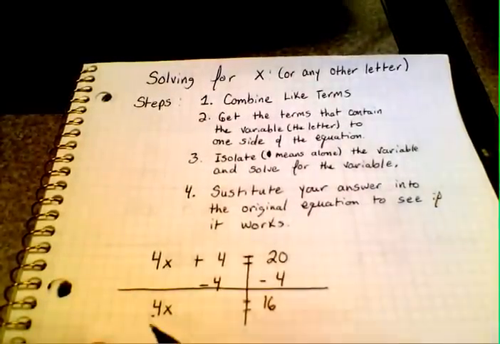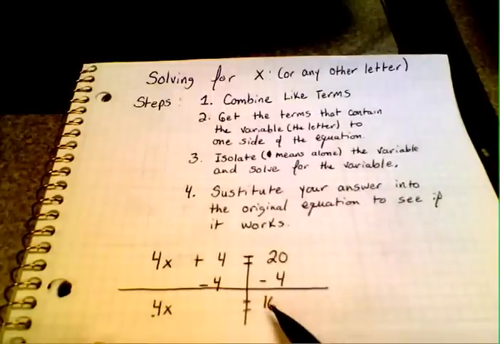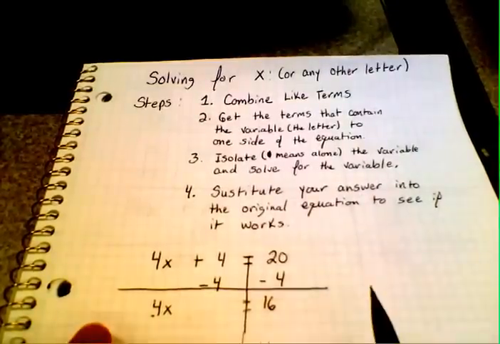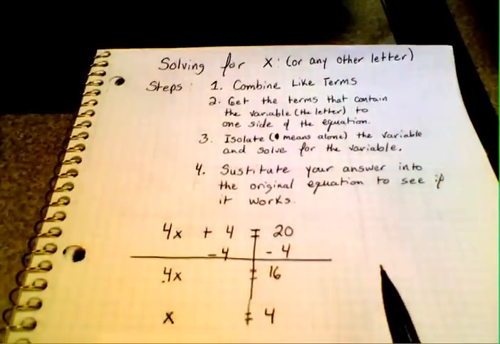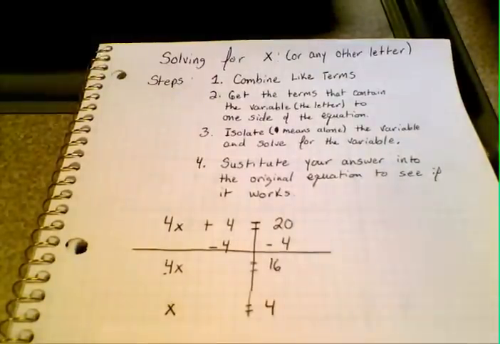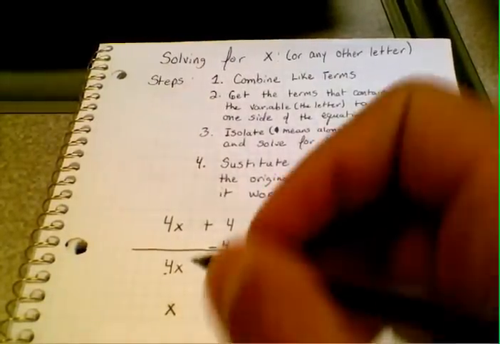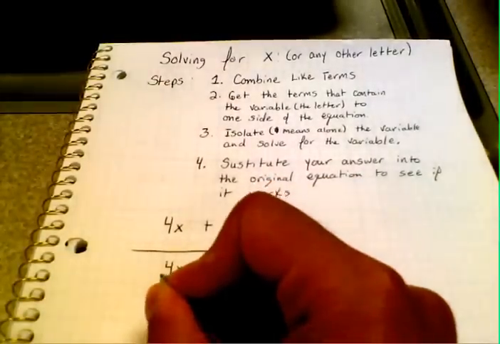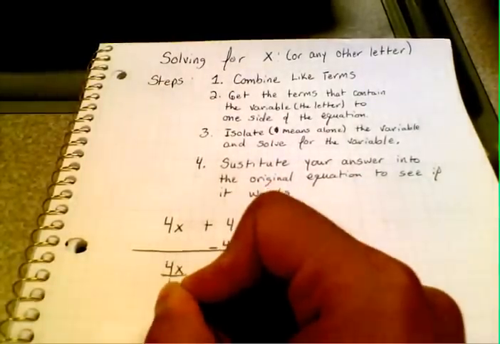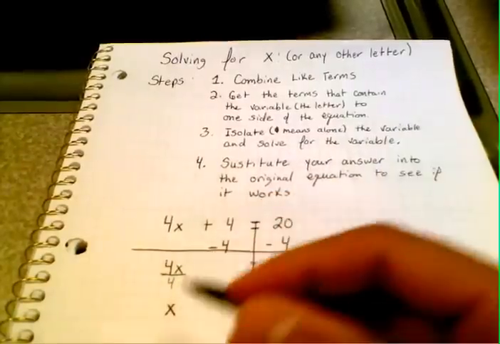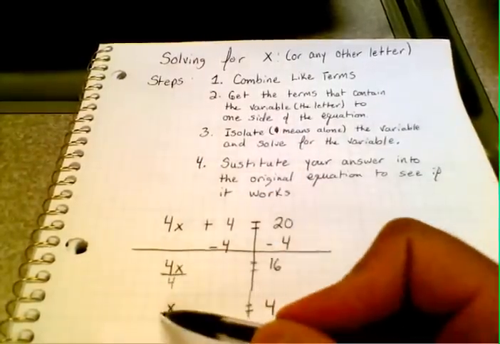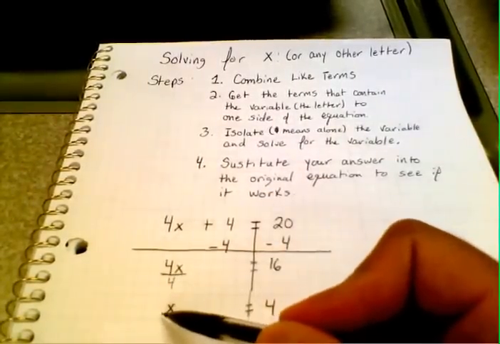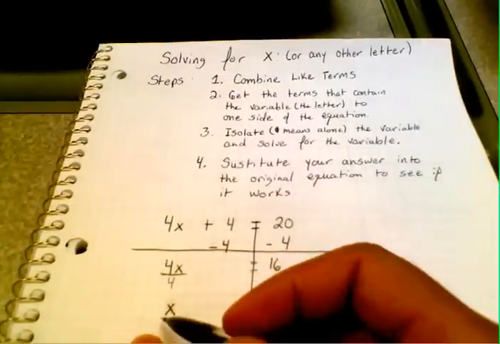At this point, there's a couple things I can do. I can think to myself, 4 times what number equals 16? Well, I know that that's 4. So that should be my answer. Some people like to divide by the number that's in front of x. 4 divided by 4 is 1, and so I see now that I have 1x, but I don't have to write the 1 out in front of it.